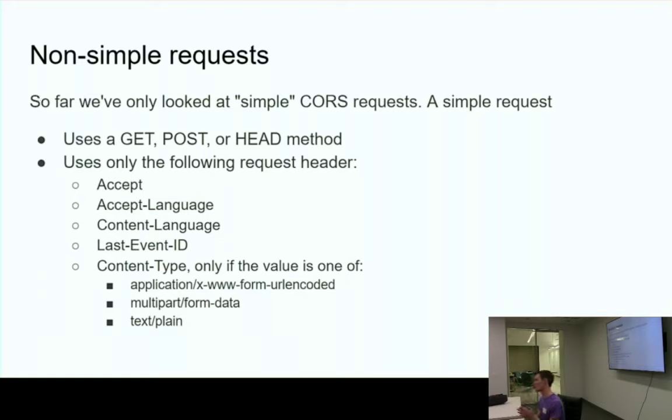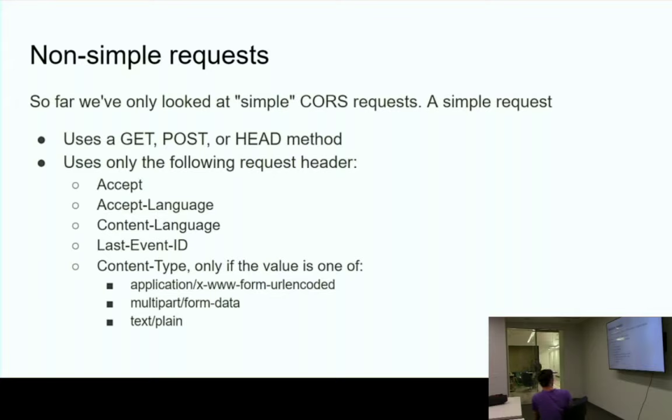So far, okay, great. We get to look at non-simple requests. First I'm going to define what a simple request is. A simple request is a really specific subset of requests. You don't need to memorize this, but a simple request can use one of these three HTTP methods: GET, POST, or HEAD.